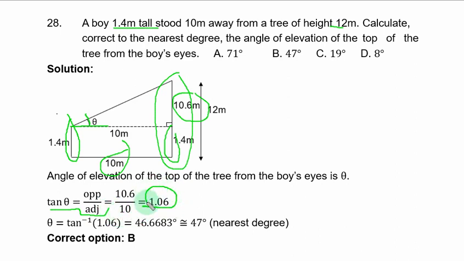To get theta, the angle of elevation, you take the inverse of tangent of 1.06, and that is 46.668 degrees. To the nearest degree, you have 47 degrees. B is the correct option.